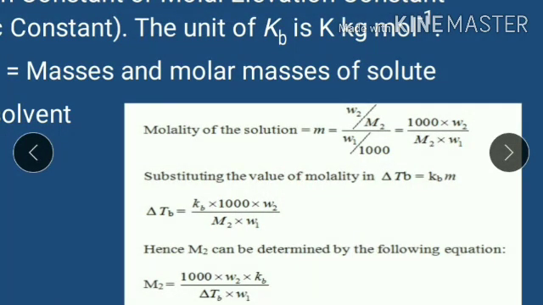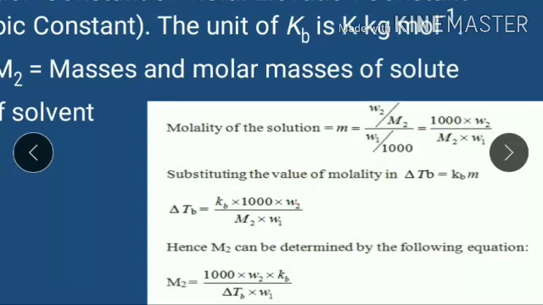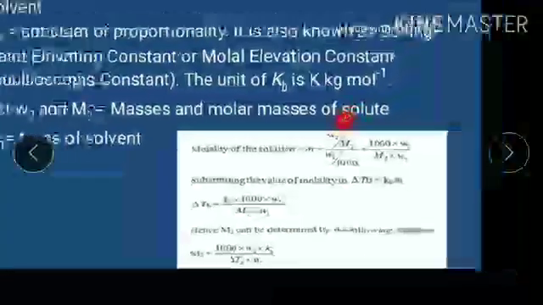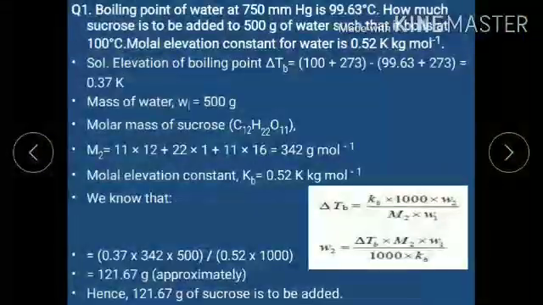By this formula you can find the mass, molecular mass, and elevation in boiling point. This is a very important formula. I want to tell you, you will get a question from this part in your board exams. Now move to the next slide.